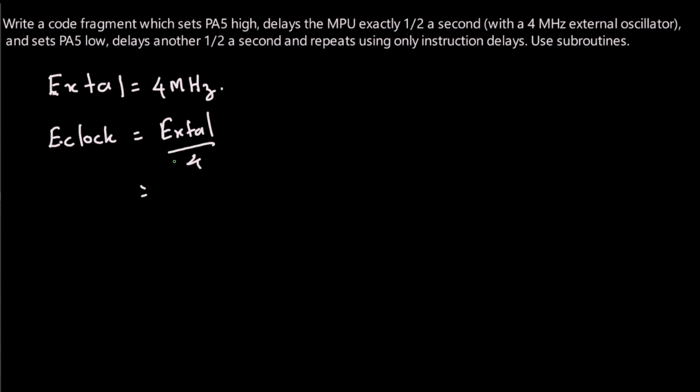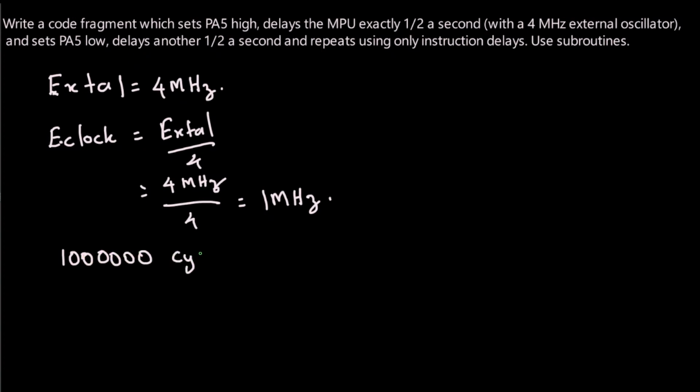That's going to be 4 divided by 4, that is 1 megahertz. Okay, so currently we have 1 mega, which is 10 to the power 6, so 1 million cycles per second.